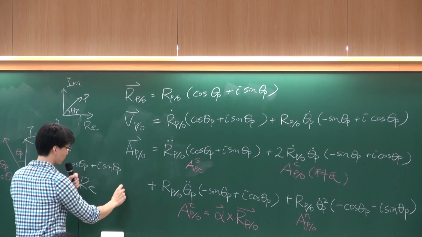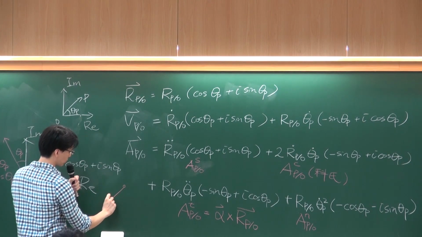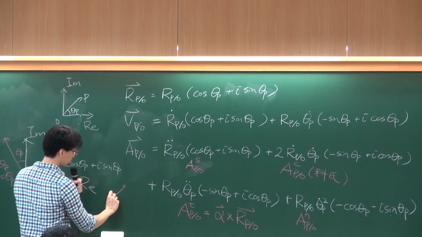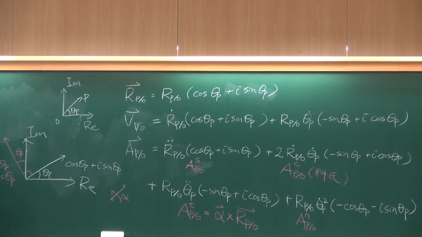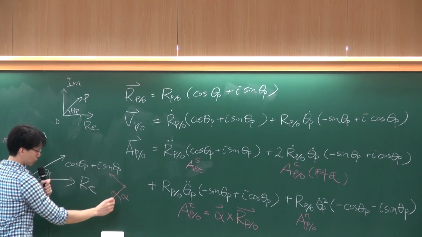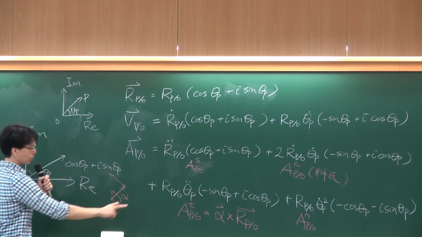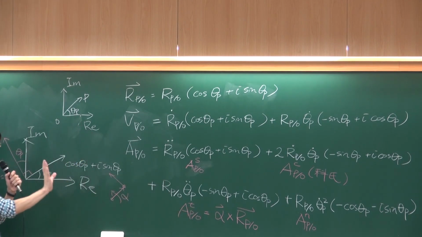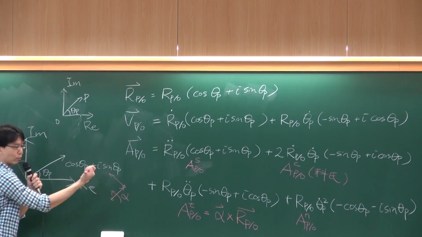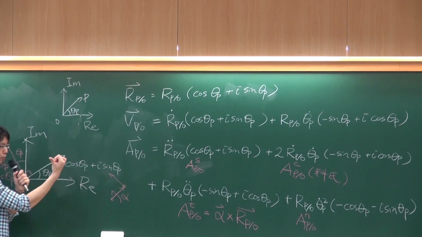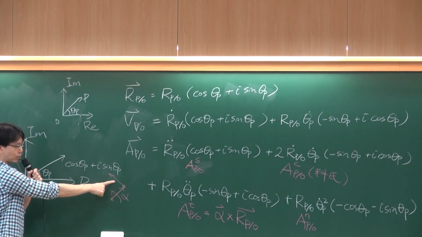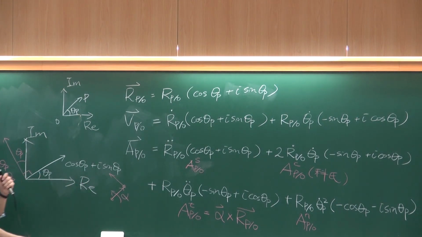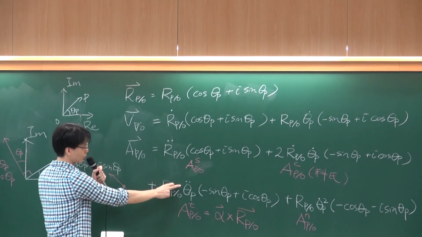It's alpha, suppose I have a bar. Because it's a component in this direction, this one can be represented as alpha cross R. Alpha is pointing out of this board, and R is in that direction, so alpha cross R will be in this direction. So you can use either this one or this one.